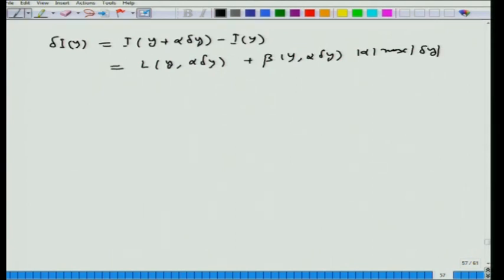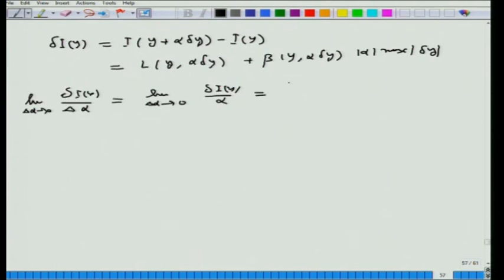And here if we divide by alpha, and then take the limit as delta alpha tends to 0, we get the limit of delta I y upon alpha, because delta alpha is alpha minus 0, which is the same thing as alpha.